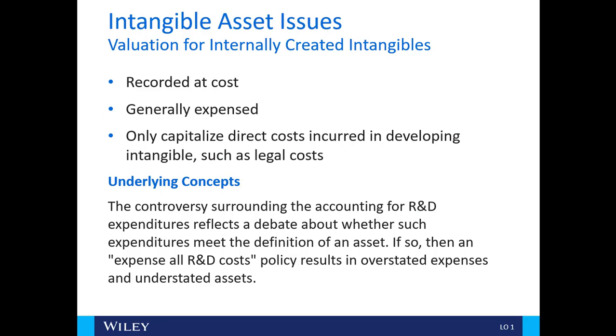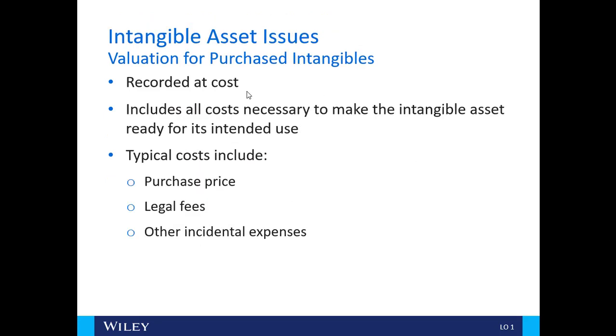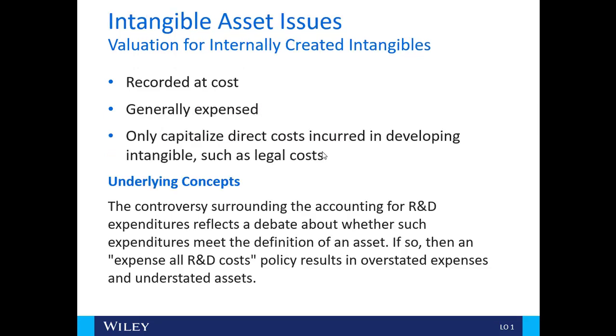So that's why there's a controversy there, because even though you spent time developing it for a future resource, it doesn't show up as an asset, and assets are future resources, because it's too subjective. It's too hard to pinpoint the value. The only time that doesn't happen is if we purchased it, because then we know the value. If we bought the patent from another company for $1 million, we know what the value is, $1 million. But if we developed it, we expensed it along the way.